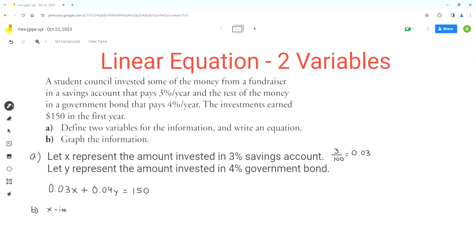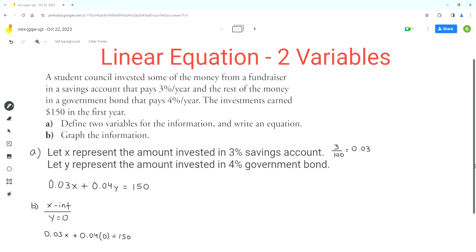For x-intercept, we sub in y as 0 in the equation and then solve for x. So we get 0.03x plus 0.04 times 0 equals 150. We have to solve for x.